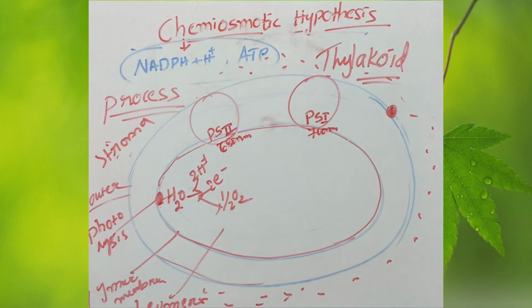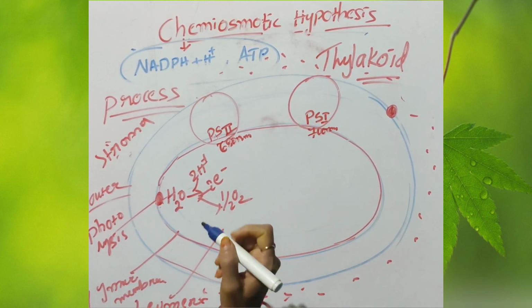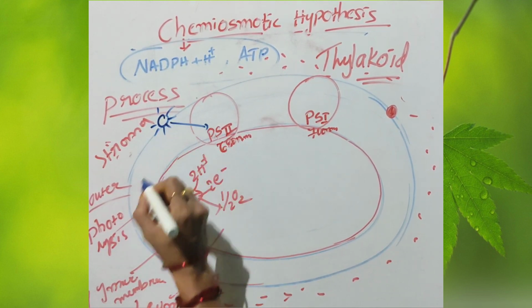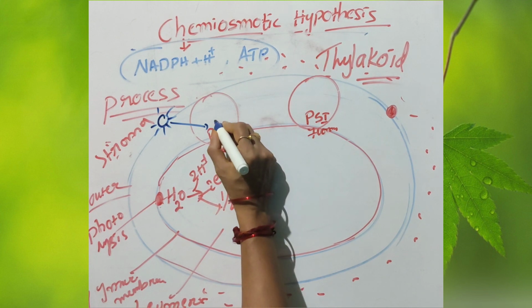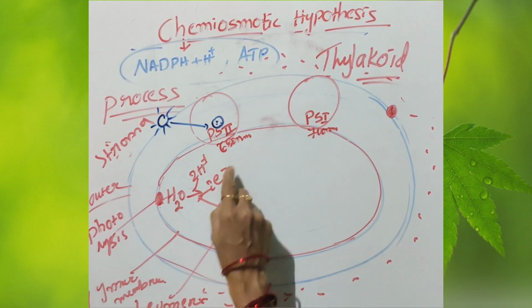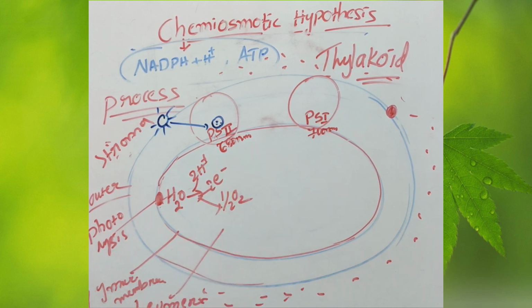Next, coming to the process. First, sunlight falls on the photosystem. The reaction center has photosystem 2, whose absorption center is 680 nanometers.